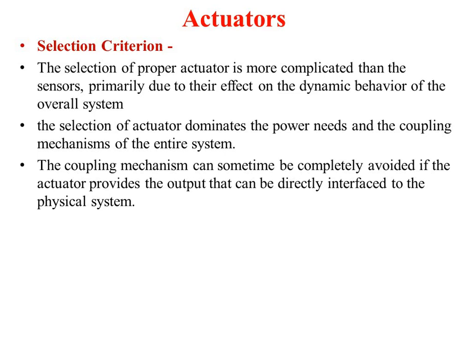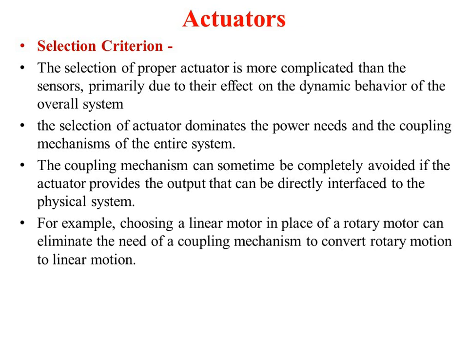If you are going to directly connect the actuator with a physical system, then you should not consider the coupling mechanism. For example, a linear motor in place of a rotary motor can eliminate the need for a coupling mechanism to convert rotary motion into linear motion.